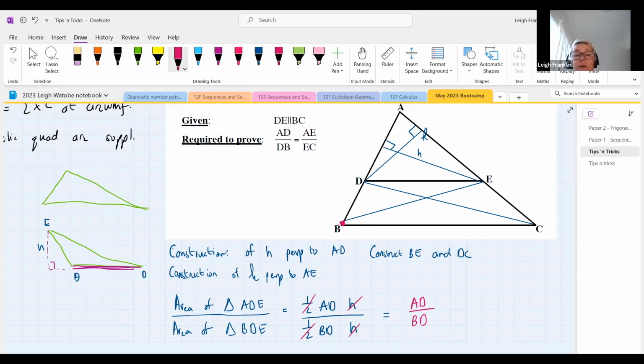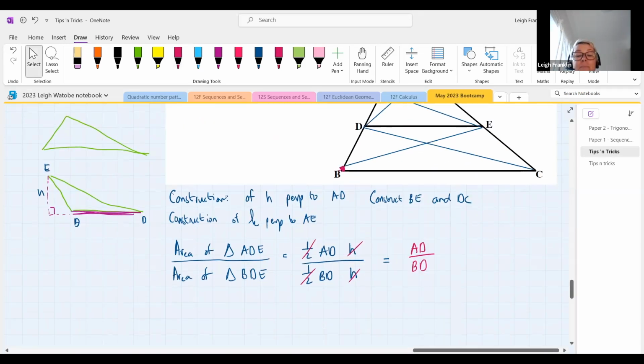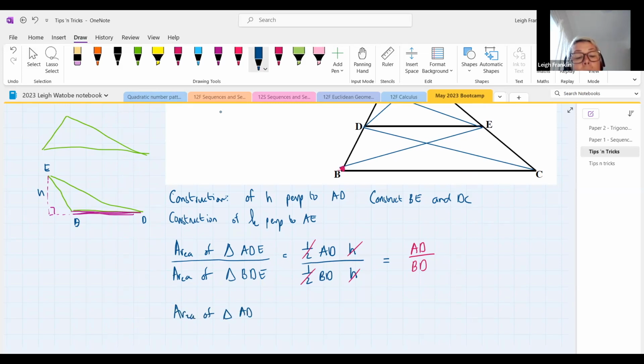Right. Now we're going to do the same thing. We're going to work in triangle ADE and CED. Area of triangle ADE and area of triangle CED. And again, we're going to use half base times height.